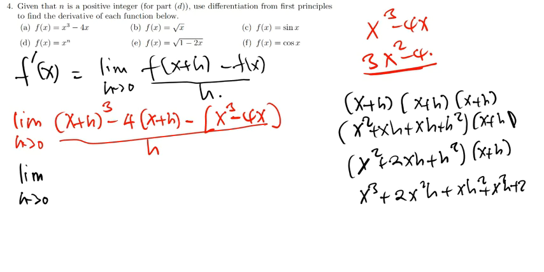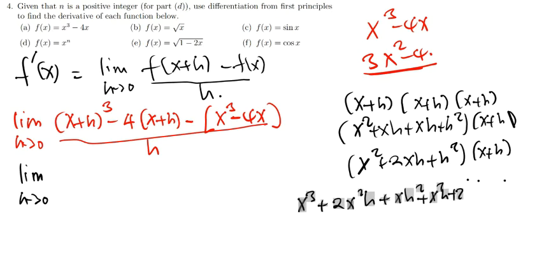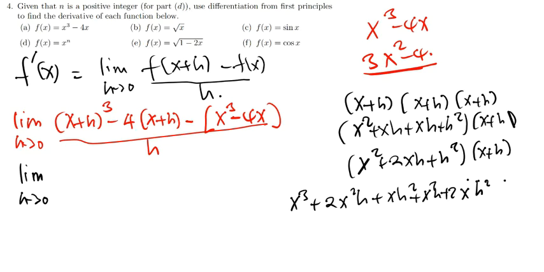Now let me just shift this one this side. So x times h times x is x squared h. Then that one is going to give me 2xh squared. Then h and h is h to the power 3.